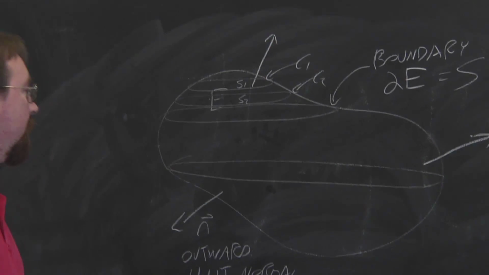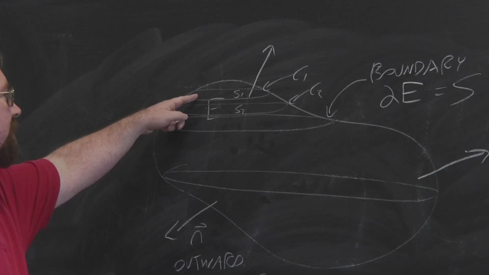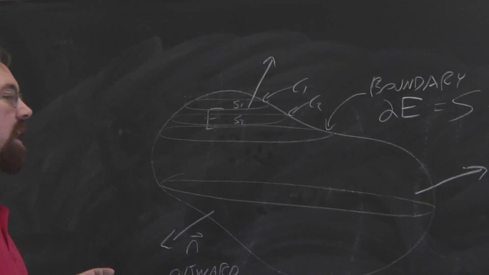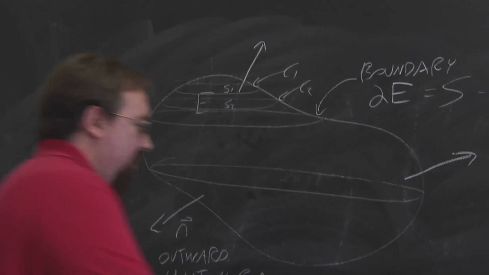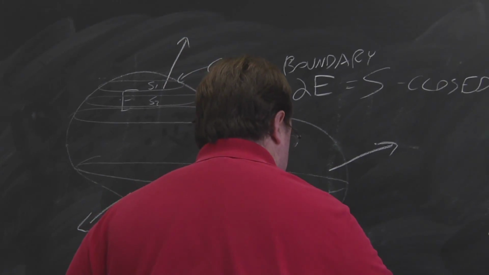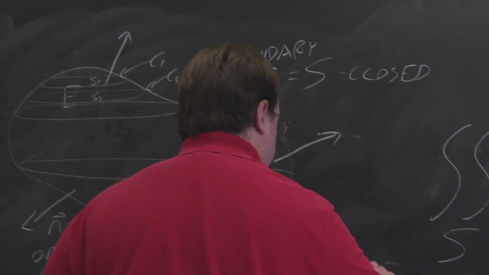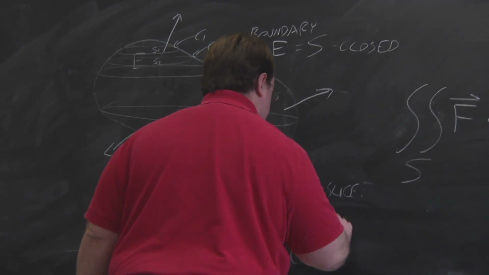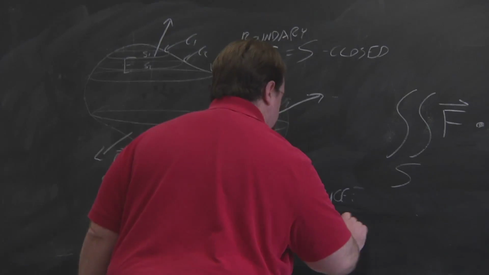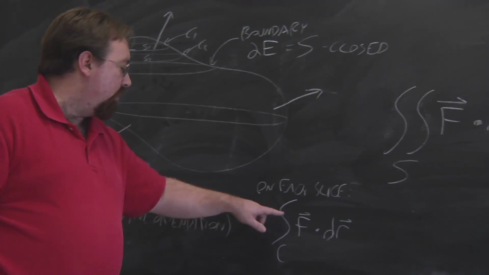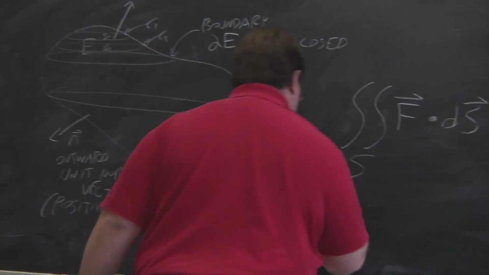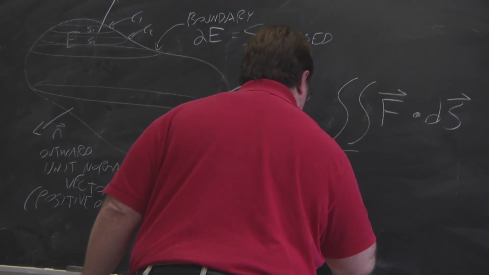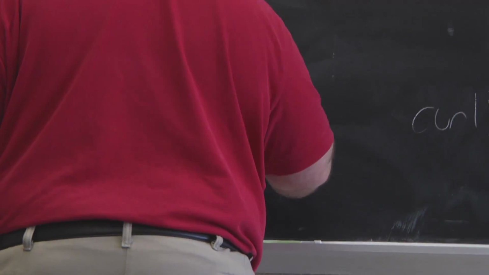Now, on each slice, you can apply Green's theorem, which says that the line integral of a vector field around the curve is equal to the integral over the surface that it contains of a divergence of a vector field.